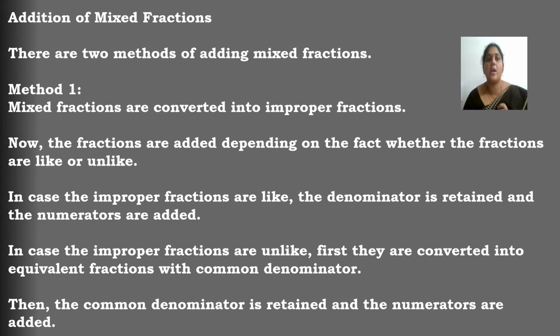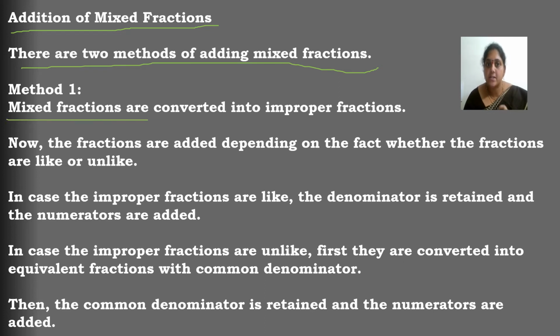Now, here we are going to see one more thing, that is addition of mixed fractions. Till now we have seen only fractions having only a numerator and denominator. Now we are going to see how to add mixed fractions. There are two methods of adding mixed fractions. Method 1.